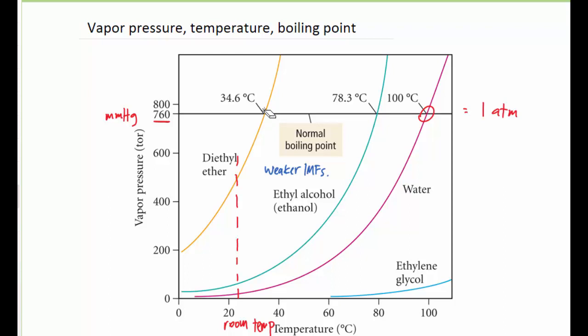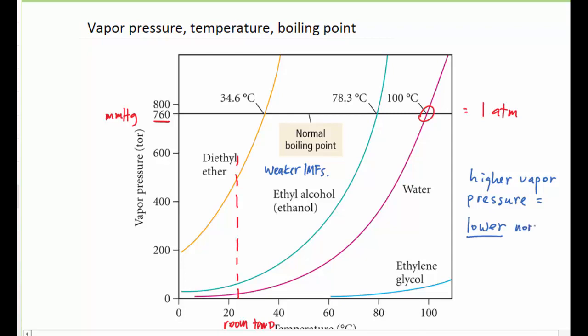So higher vapor pressure, lower normal boiling point. You know how that works? Ether's boiling point 35, ethanol's boiling point 78.